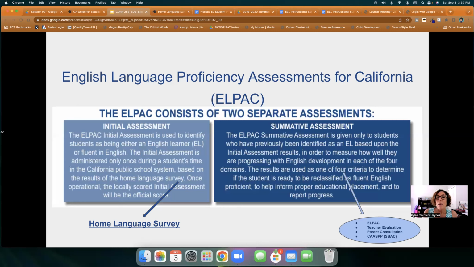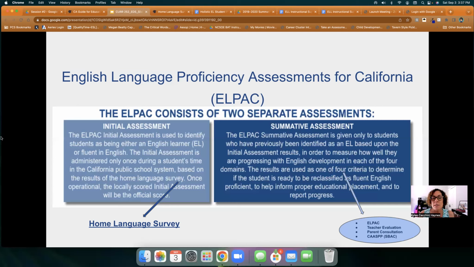Redesignated, and that's called RFEP. You'll hear somebody say, oh, they've been RFEP'd. We love these acronyms and we use them as verbs. So if a kid has been RFEP'd, they've been redesignated, they've been exited out of the English language development program. They no longer receive the English language support. They don't need it anymore.